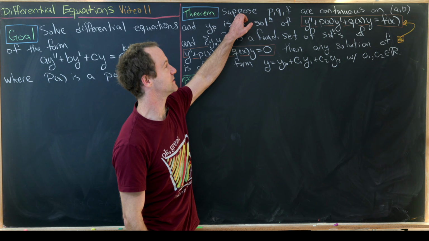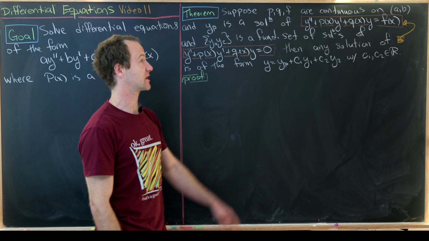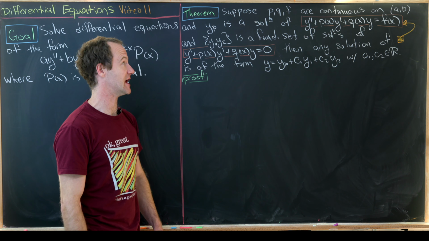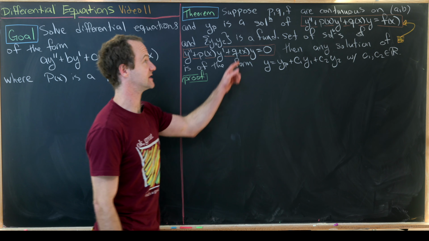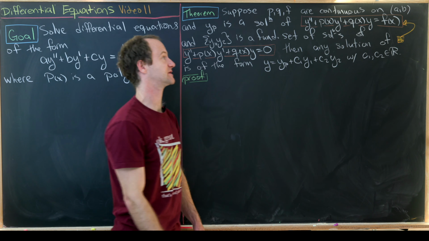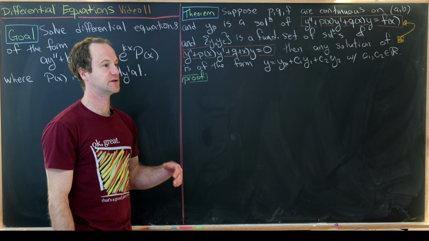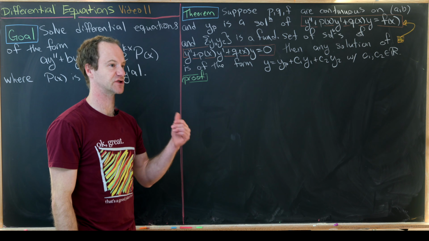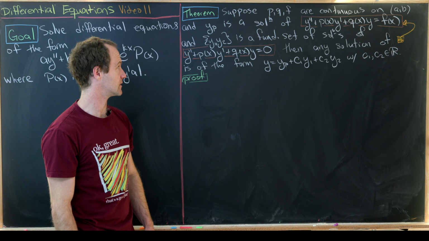So we want to suppose that we have functions p, q, and f, and they're continuous on an interval a, b, and that y sub p is a solution of the differential equation y double prime plus p of x y prime plus q of x y equals f of x. So that's a linear second order differential equation that's non-homogeneous. It doesn't have constant coefficients though.